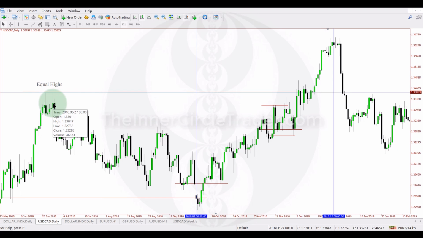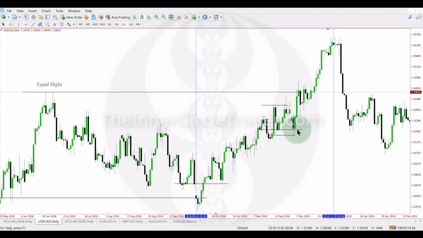So what does that mean? 133.85 is a draw on liquidity. So between 133.85 and 131.60, we have well over 100 pips, right? Several. We have over 200 pips available on this setup.